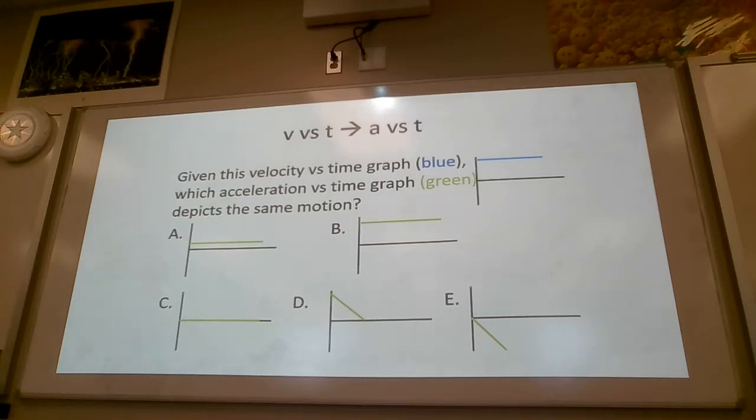Tell your neighbor. Tell them why. Acceleration versus velocity versus time. Correct answer is C.